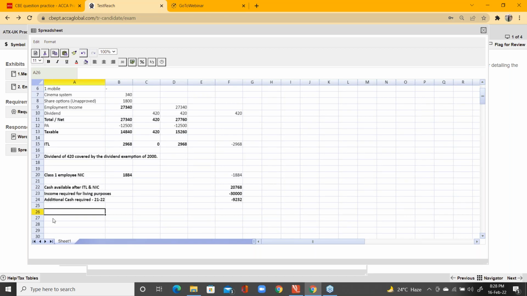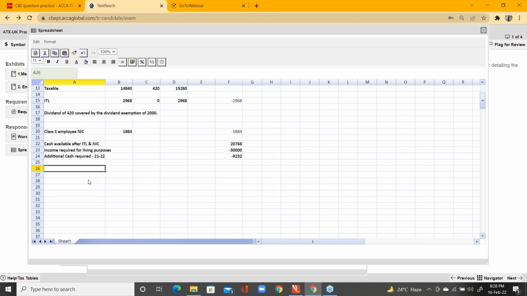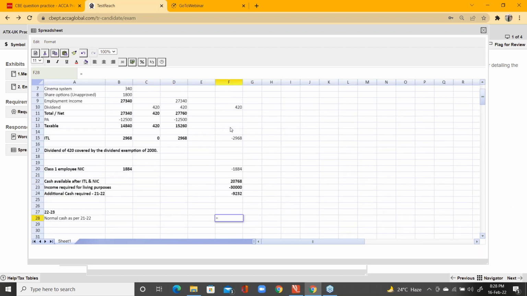Resultingly, if we start performing calculation for next year, we do not have to prepare all of the workings again, because for 22-23, as we are working smartly, normal cash as per 21-22, taking the same figure. What was the normal cash available for the previous fiscal year?